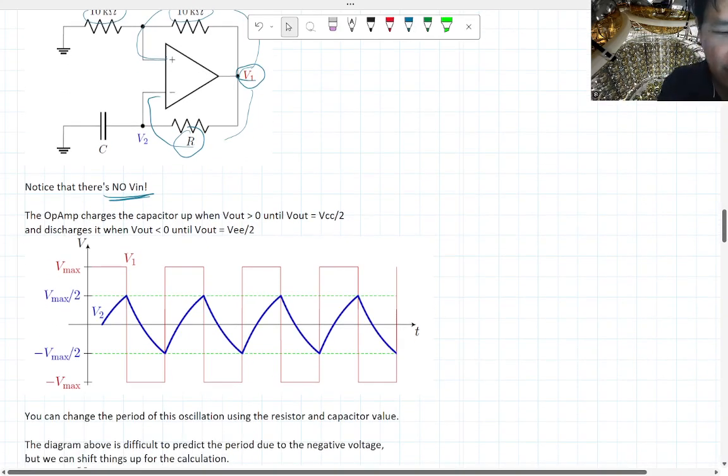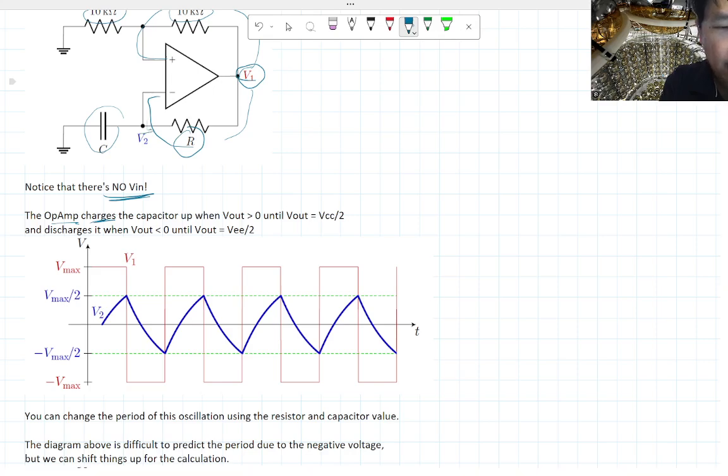Okay, so the op amp charges the capacitor up, because it's running current through this. Since V minus cannot take any input current, all the current goes to the capacitor, ideally.